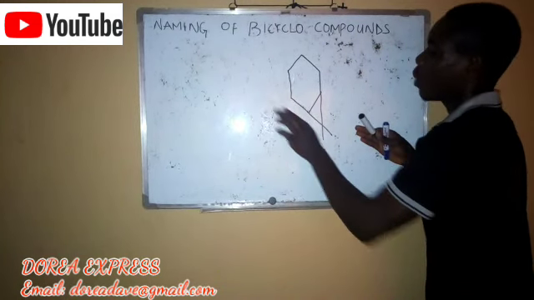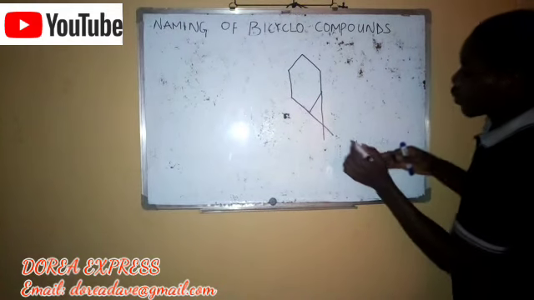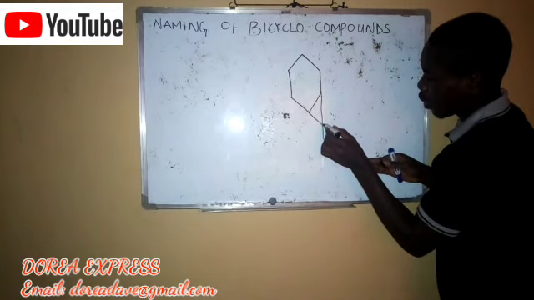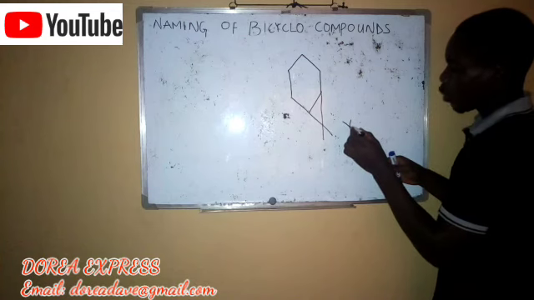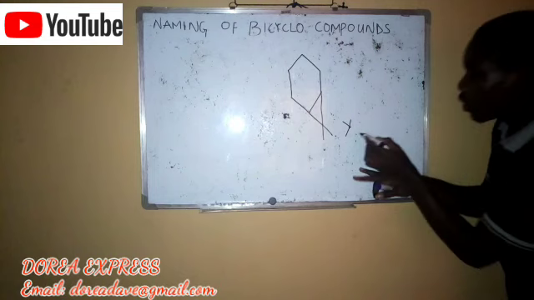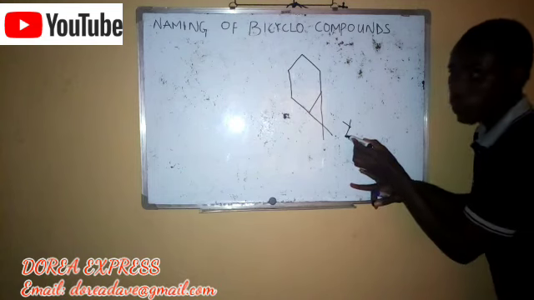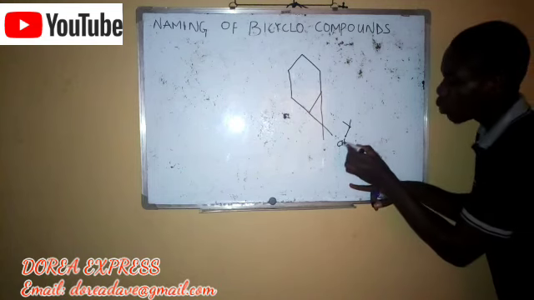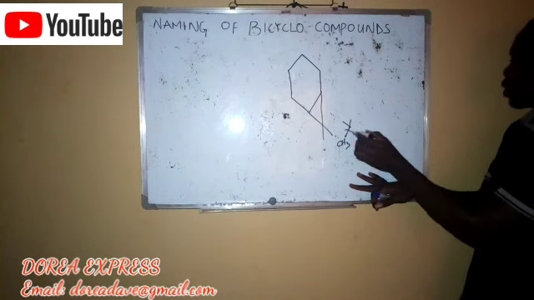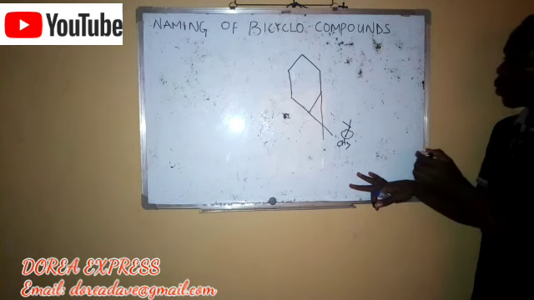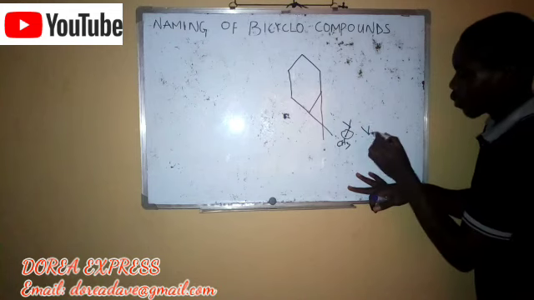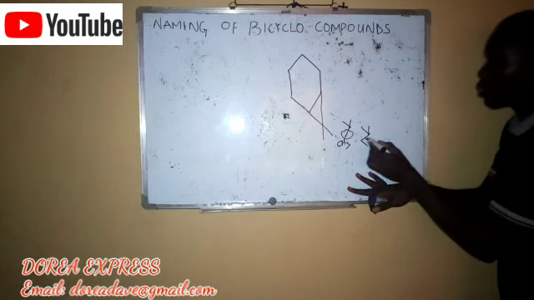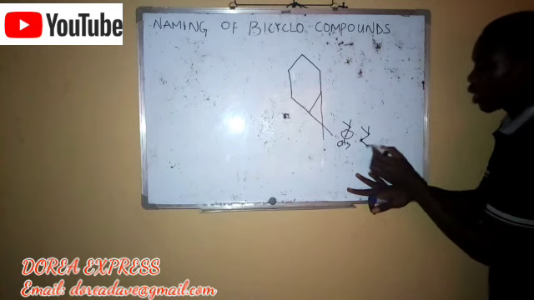And if you look at this compound closely, you will see that there is a carbon here. Whenever you see a carbon like this, and you see just a line, it simply means this is another carbon here. So this is a methyl group, CH3. But if you see something like this, with an intersection here, it simply means this is a carbon and this is another carbon.